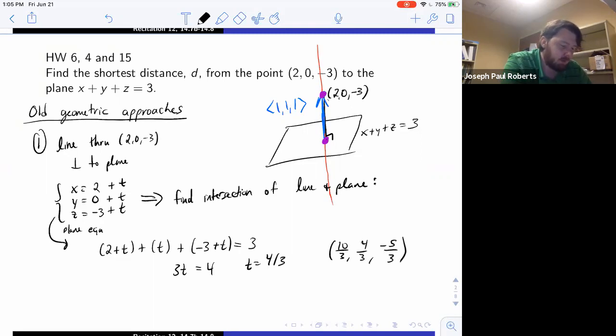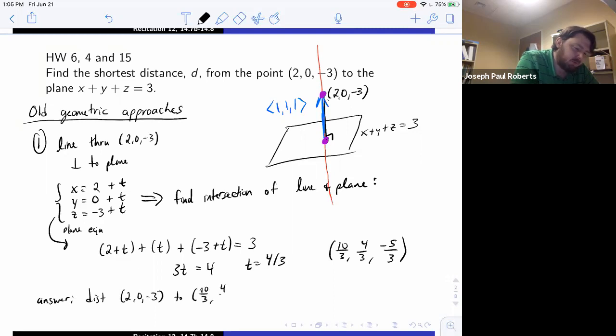So that's our point. And so then the answer is the distance from 2, 0, minus 3 to the point 10/3, 4/3, negative 5/3, which ends up being, well, I guess we kind of already figured this out on some level, but yeah, basically I did 4/3 squared plus 4/3 squared.